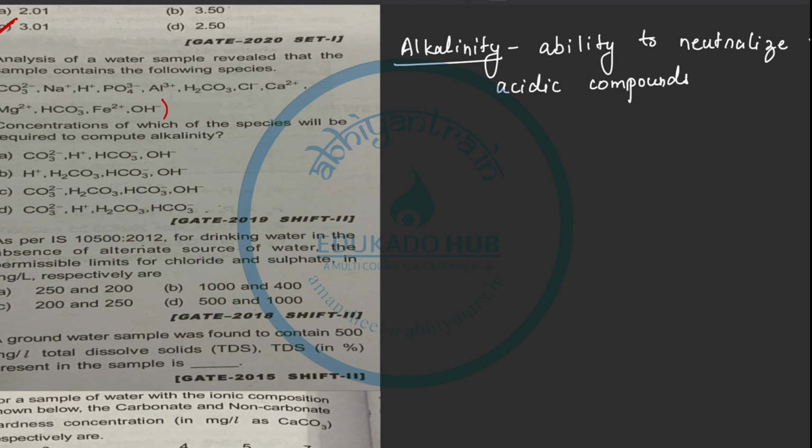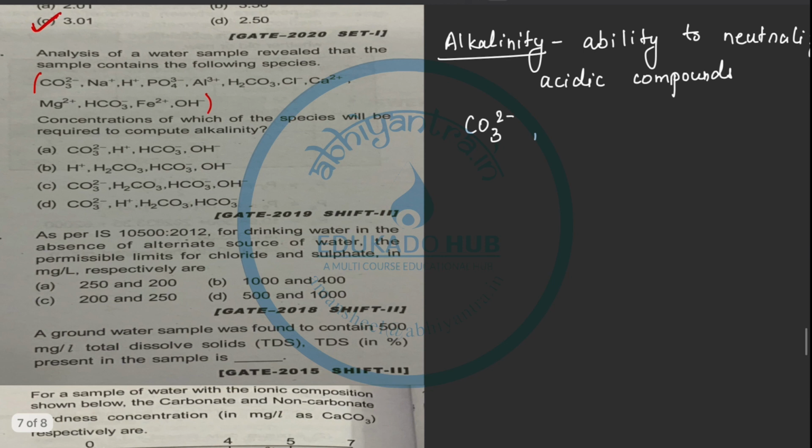caused by the compounds such as CO3 2-. Na plus will not give any acidity or alkalinity, it is just a mineral. Aluminium just a mineral. Chloride no, and Fe, iron just a mineral, manganese just a mineral, calcium just a mineral.